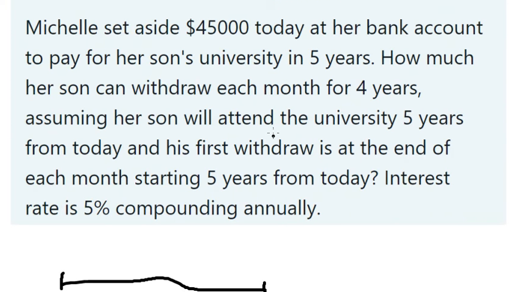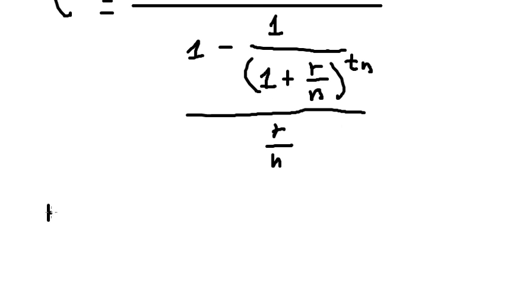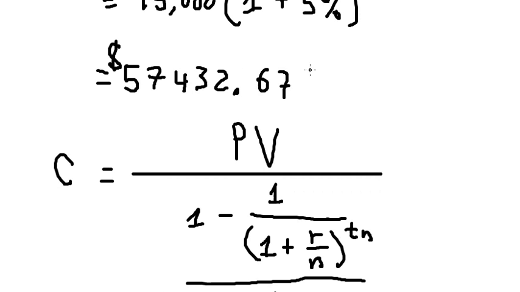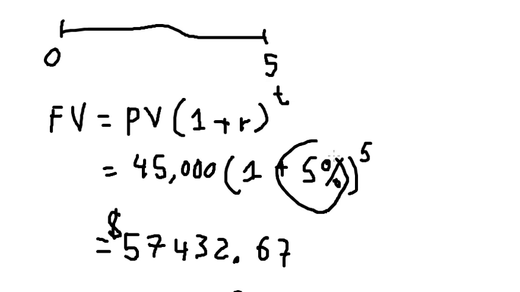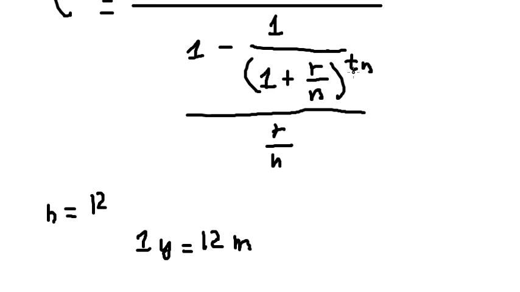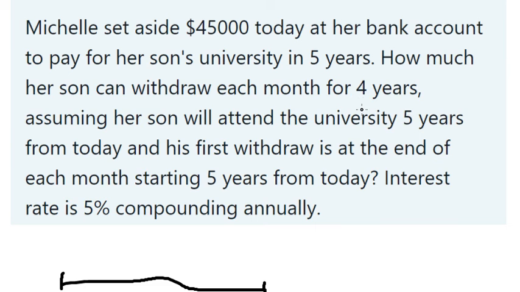Because each month, we know that n should be equal to 12, because 1 year we have 12 months. That's why we have n equals 12. r we have 5%, and t should be 4 years.